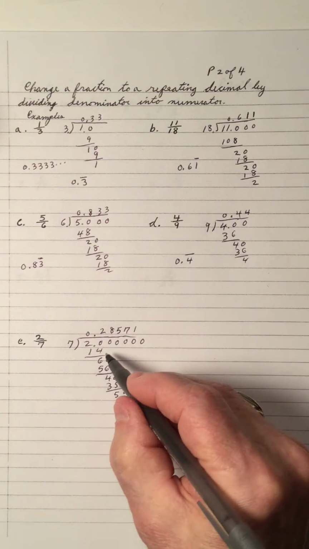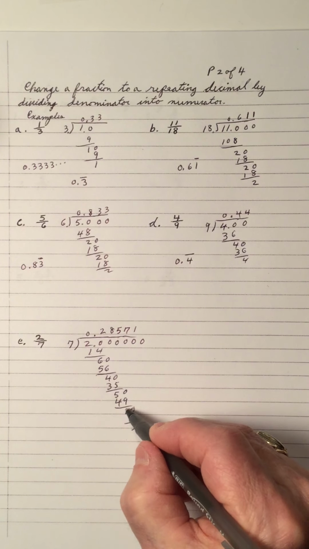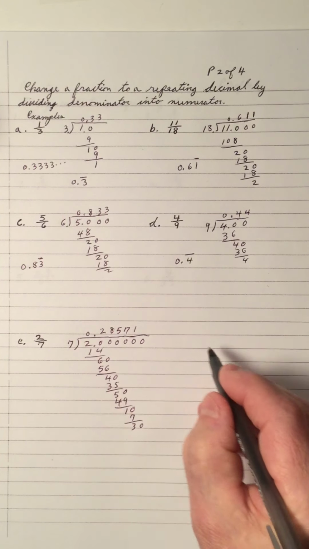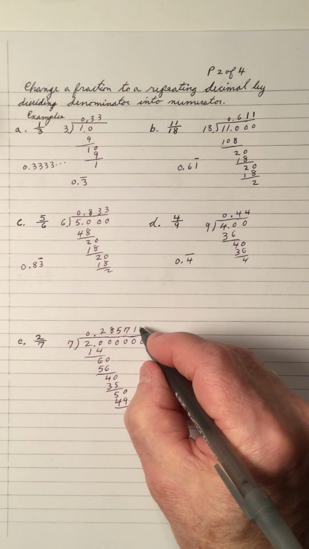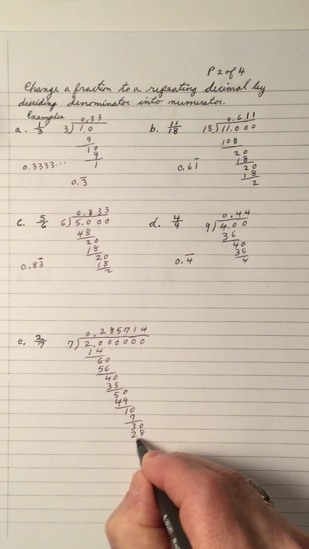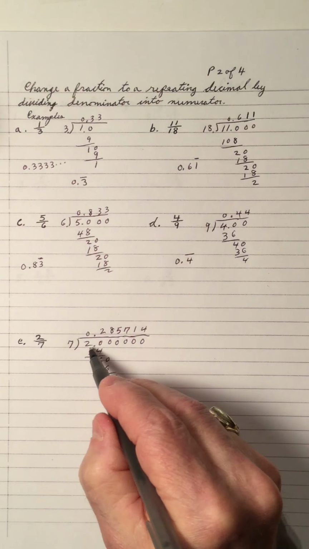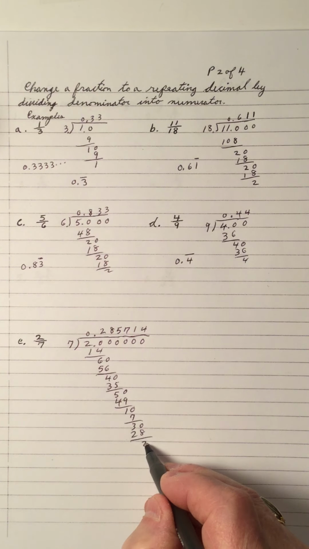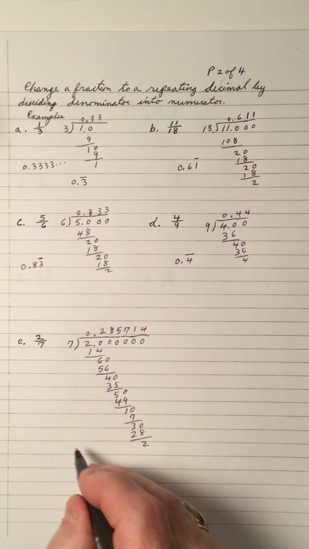Notice we have a 6, a 4, a 5, a 1, a 3. Nothing happening yet. 4 sevens are 28, and we get a, oh, we had a 2 here, we got a 2 here, so it looks like it's starting to repeat after this.